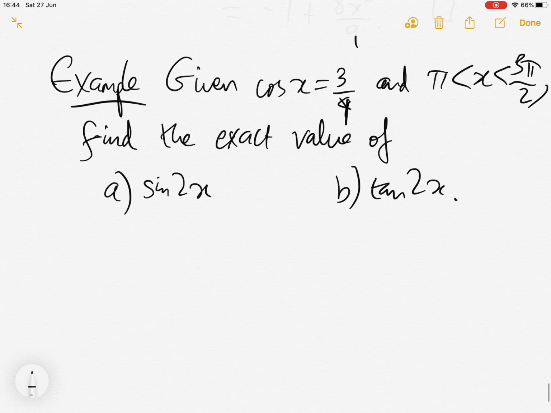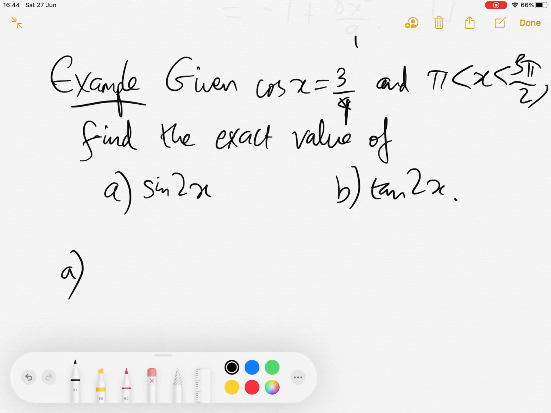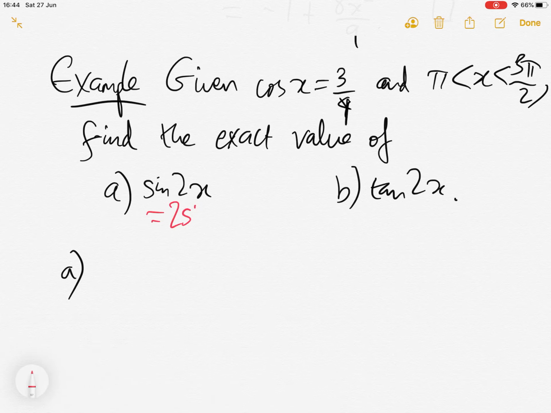So for sine 2x, we know from what we did above that the double angle formula is 2 sine x cos x. So we need sine x.